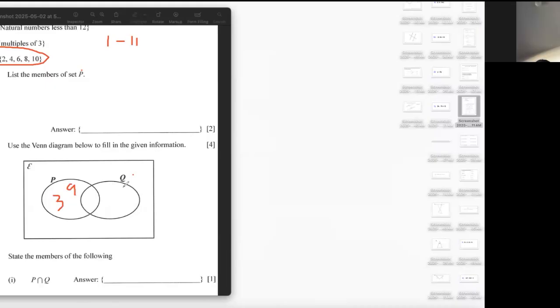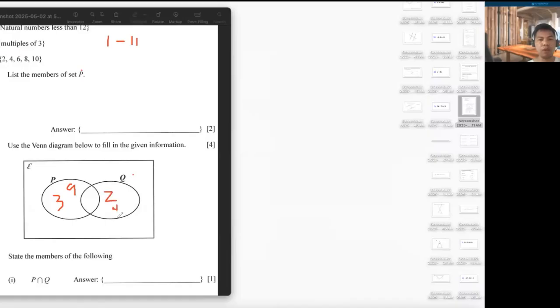What are the numbers that we'll find in Q? 2, 4, 6, 8, 10. I skip 6 because 6 can be found in both P and Q. So you have to write that in the middle. That's the intersection.